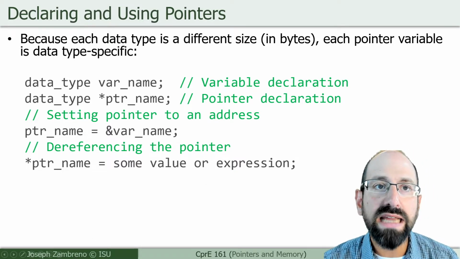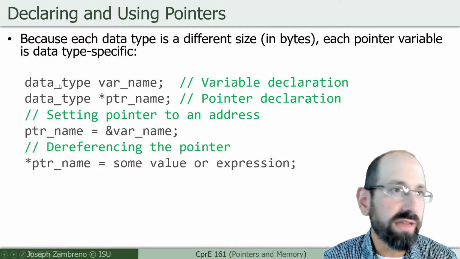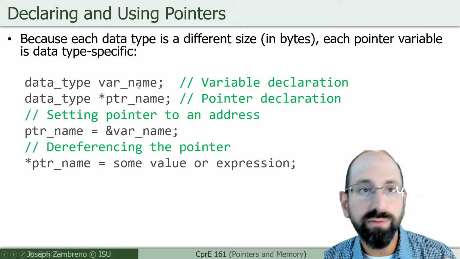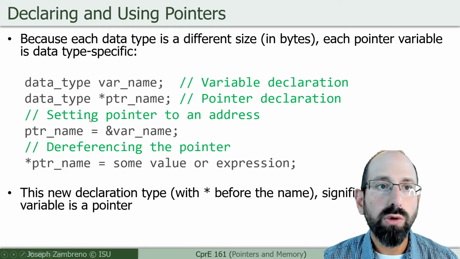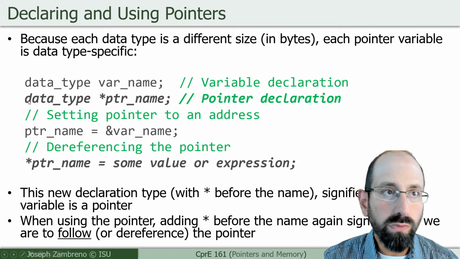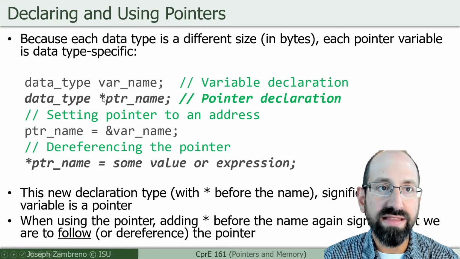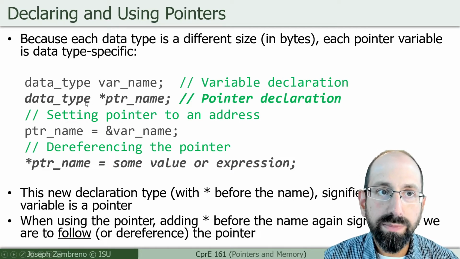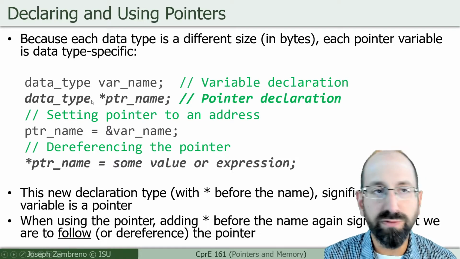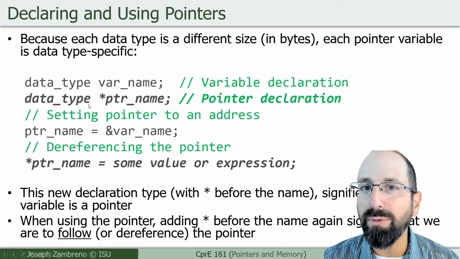While we have the syntax for our variable declaration, int, float, double, data type, variable name, we have the same exact syntax for our pointer declaration, where we specify the data type, pointer, and then the pointer name. Data type star, and the star could go before a space or after the space, but this is a pretty common way to do it.